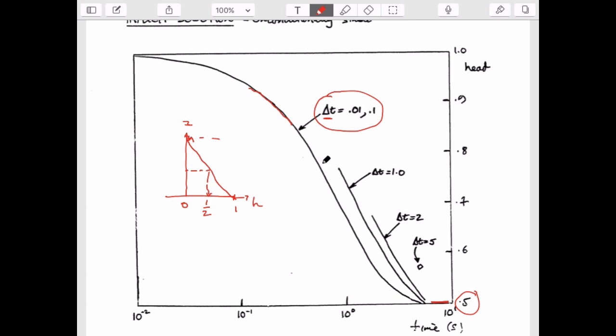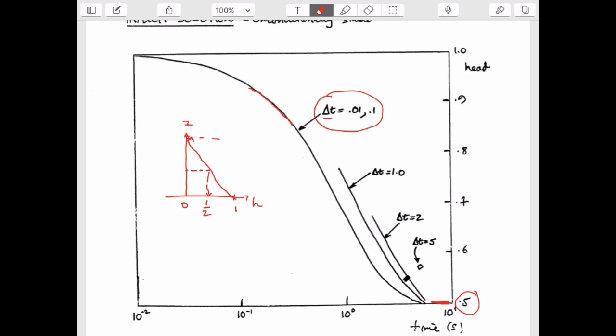What we'll find out with the explicit method is that we don't always asymptote to the stable value. And you might ask then, why would we want to use something which is less stable than something we already know how to do? And the answer is that the explicit method is much more convenient because you don't have to actually form the system of equations, reform them every time and solve them. It's much more convenient in solving problems where maybe the material properties change as a function of head.